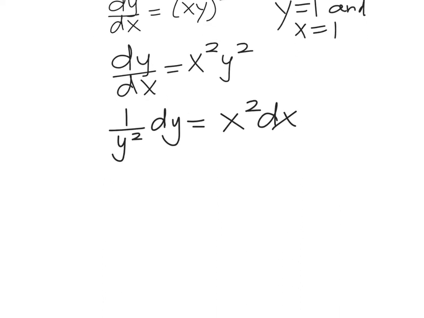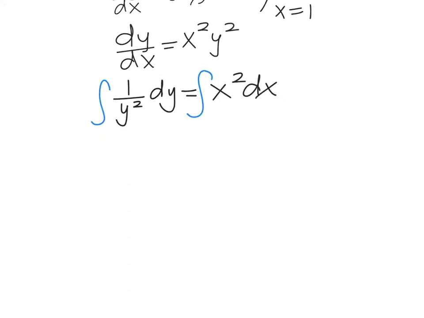And so basically right here, this step is where, see how there's a dy and a dx? You're going to take the integral of both sides, okay? So you're going to rewrite this as the integral of 1 over y squared dy equals the integral of x squared dx. And then we're going to solve that. Now, I can't stand it when it's 1 over y squared.